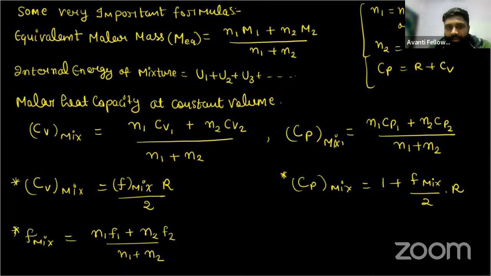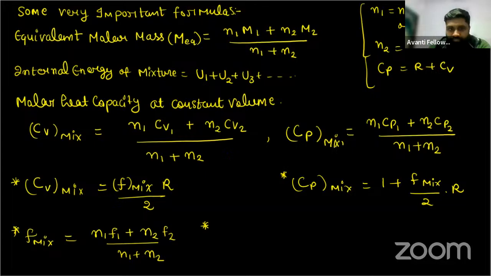This is another formula. And last but not least, the important formula I am going to write here is gamma. One formula is gamma of mixture is Cp of mixture divided by Cv of mixture.